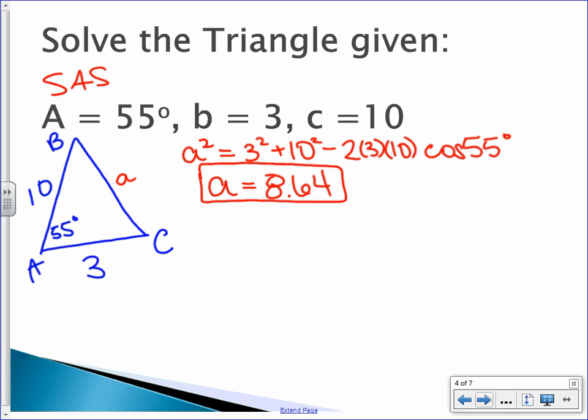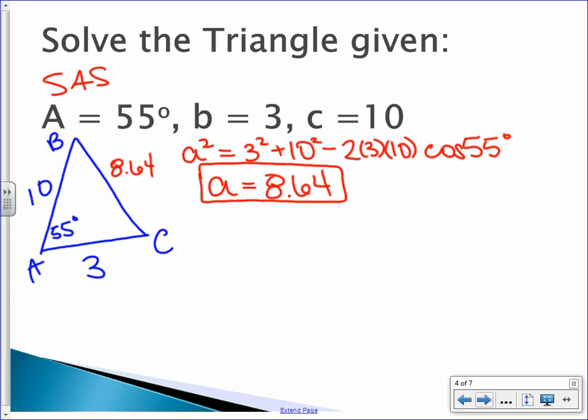Now, here is my warning about switching to the law of sines. Technically, we can use the law of sines now because we have side-side angle, right? But when we have side-side angle, we have that ambiguous case, correct?